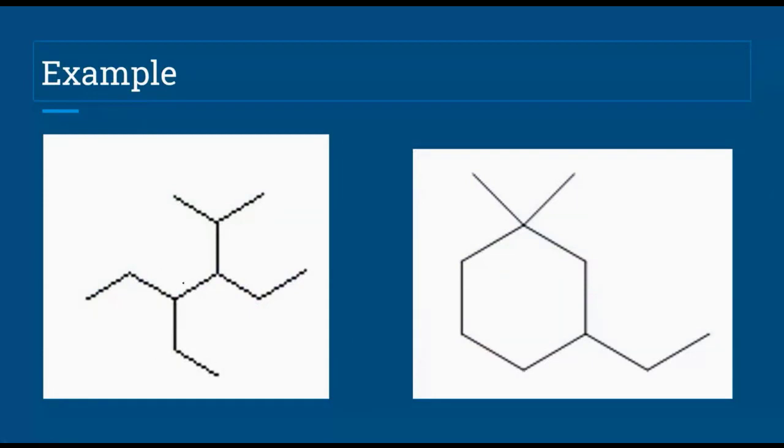So if we look at the molecule on the left here, first thing we're going to do is find the longest carbon chain. So we have the option of going this direction. We have 1, 2, 3, 4, 5, 6. So we have this option right there. We also have the option of going 1, 2, 3, 4, 5, 6.